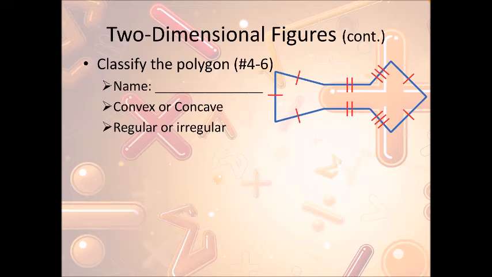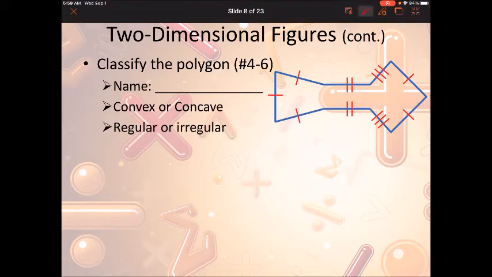Okay, now for this figure, I want you to name it based on the number of sides, state whether it's concave or convex, and whether it's regular or irregular. All right, we have 1, 2, 3, 4, 5, 6, 7, 8, 9 sides, which makes this figure a nonagon.